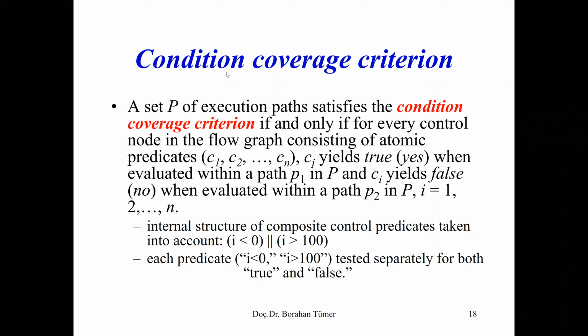So we call each of these conditions in a decision structure a predicate. Each of these conditions is called a predicate of the decision structure. So keep that in mind too.